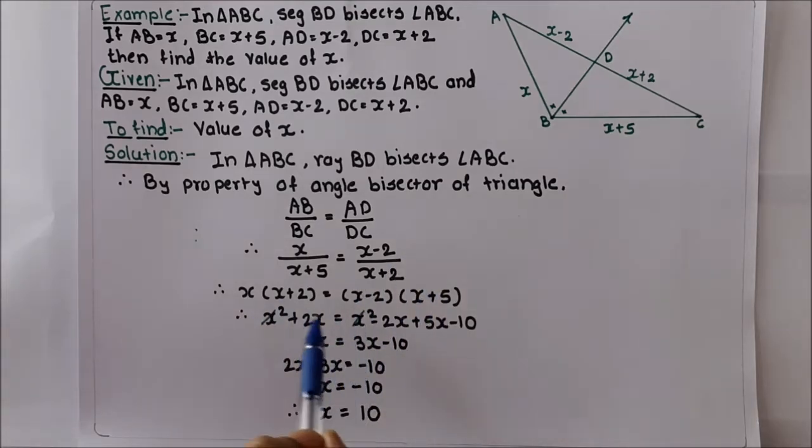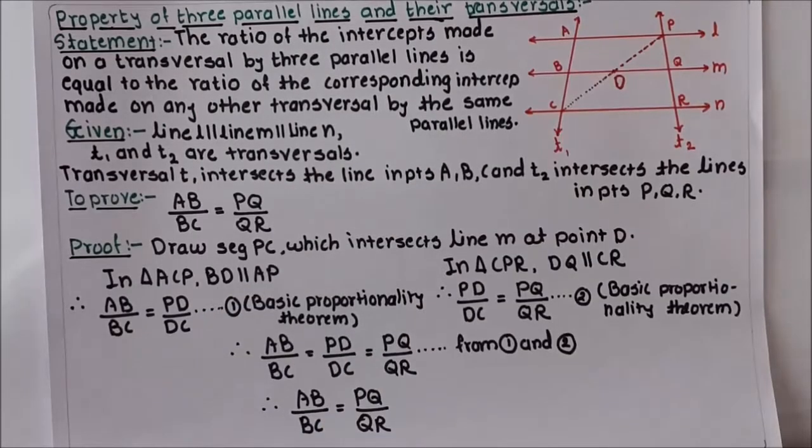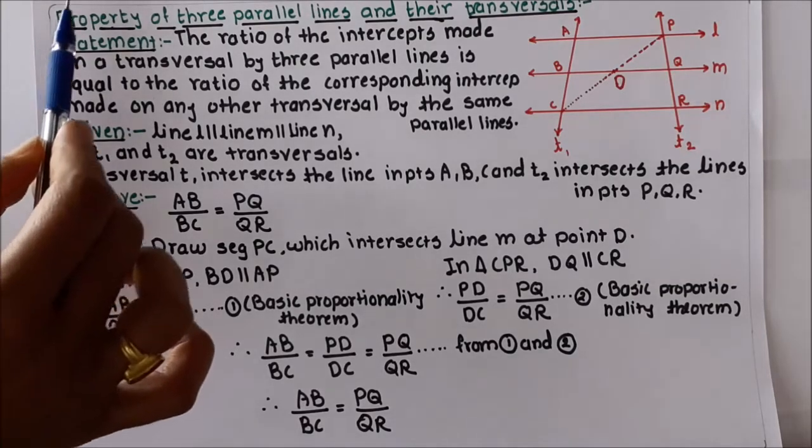Now x square is the same, so it gets cancelled. 2x is equal to 5x minus 2x, 3x minus 10. Now send this 3x to this side. 2x minus 3x is equal to minus 10, minus x is equal to minus 10, and therefore the value of x is 10.